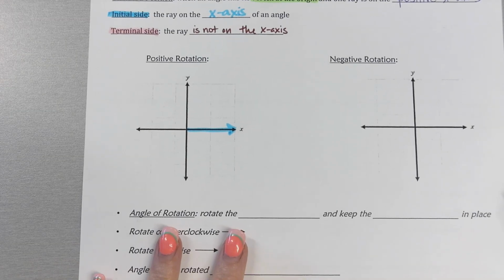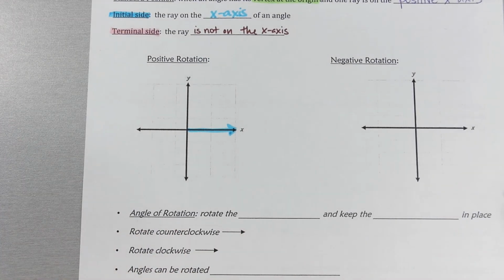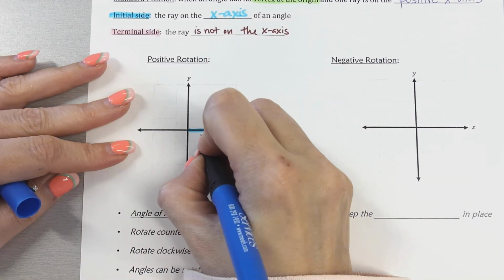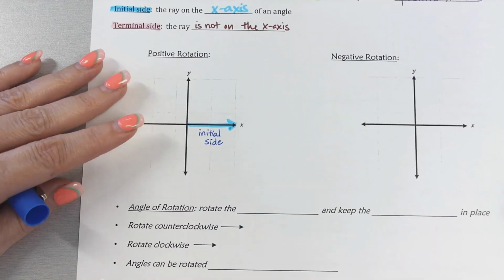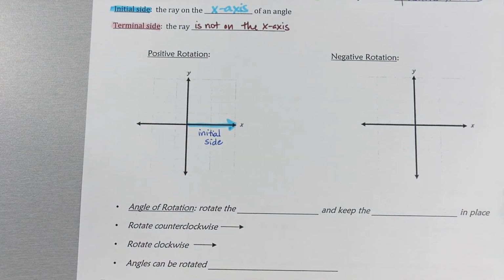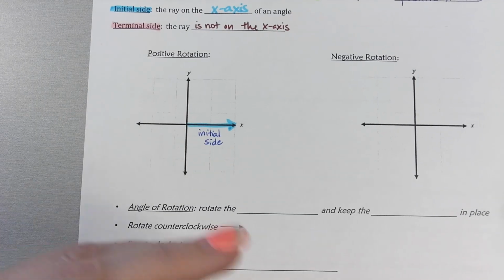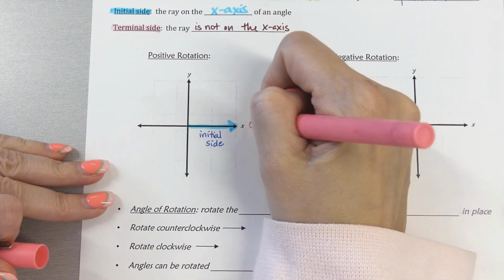So go ahead and draw your initial side in. We are going to label it in our diagram. And the initial is where you start. So you are always starting on the positive x-axis. The reason why you're always starting there is because it is equivalent to 0 degrees.